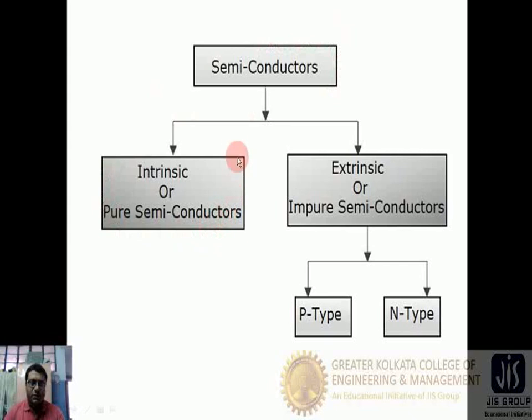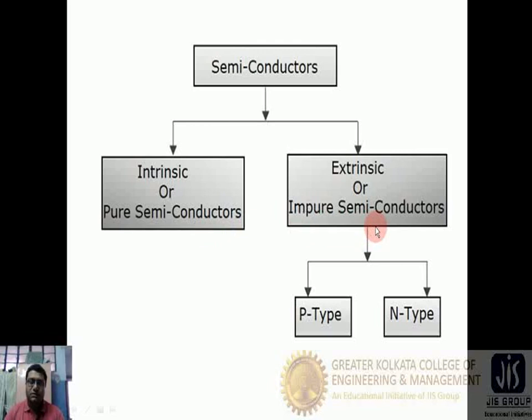The intrinsic semiconductor means pure semiconductor, that means there are no impurities present. But in the extrinsic semiconductor, there are some impurities in the semiconductor. We will discuss that later. The extrinsic semiconductor is further classified into P-type and N-type semiconductor. We have to keep in mind that the intrinsic semiconductor is pure and the extrinsic semiconductor is impure.